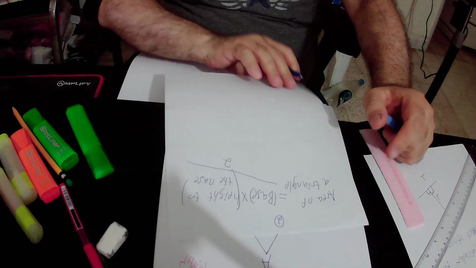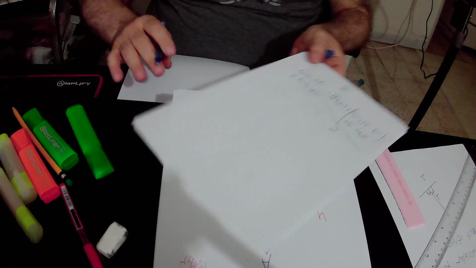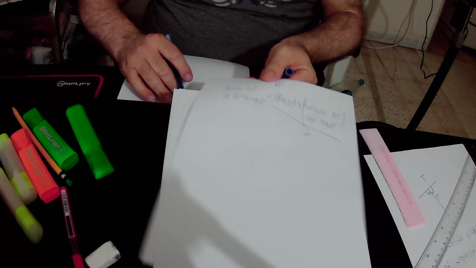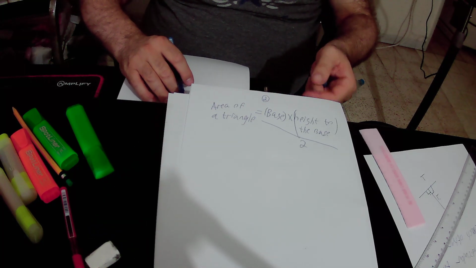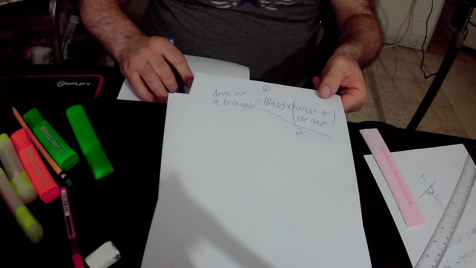Okay, so the area of any triangle equals the base of the triangle times the height to the base divided by 2.